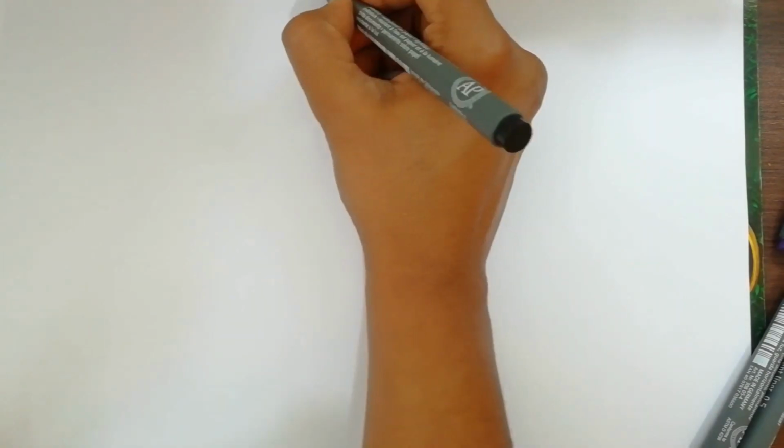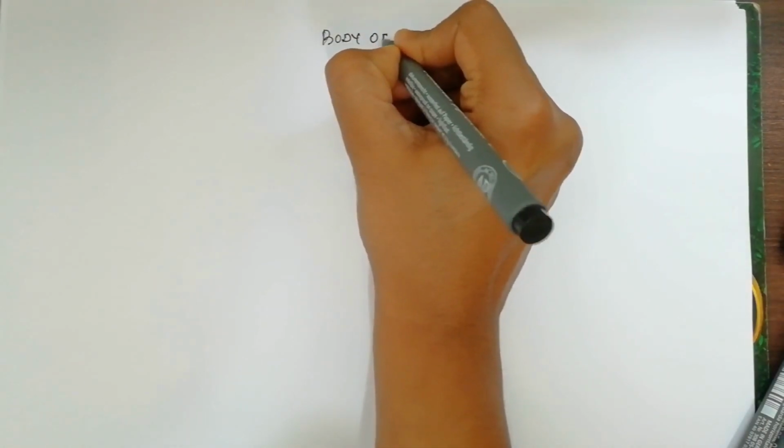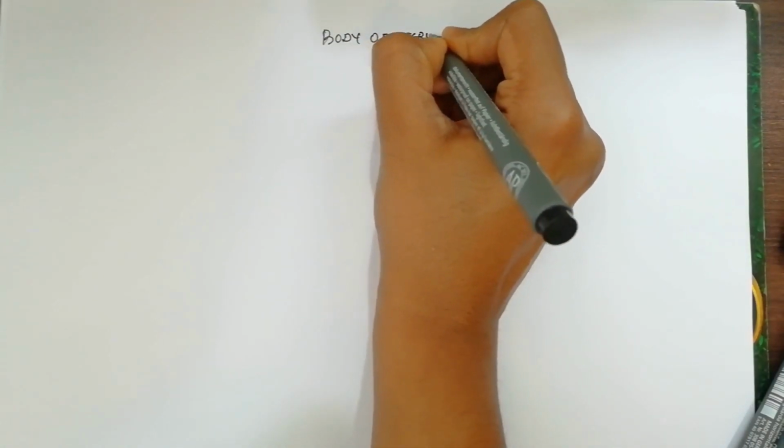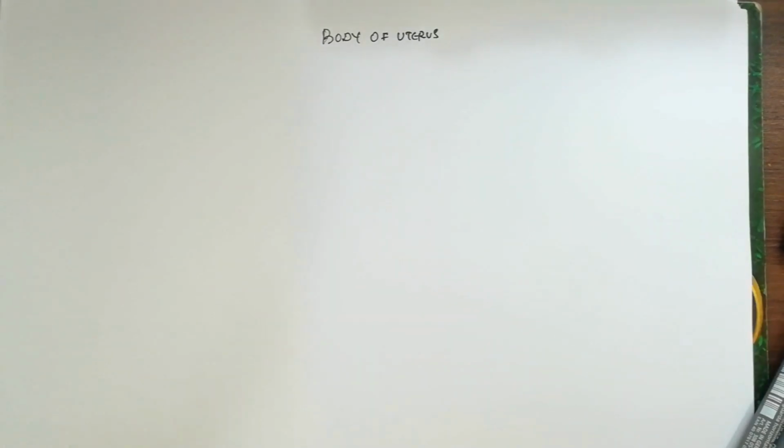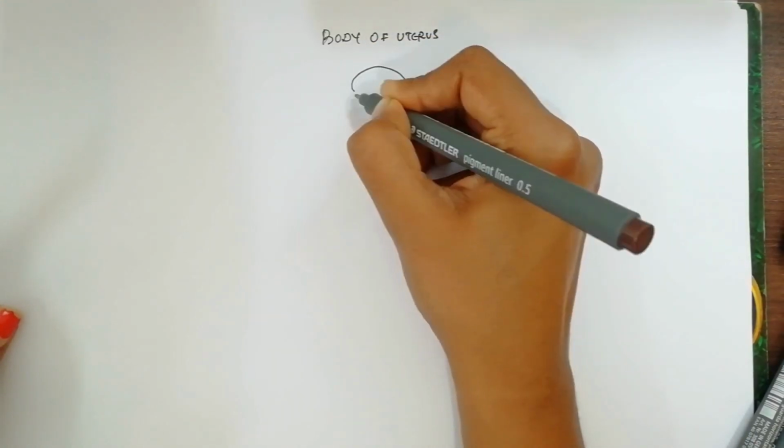So we are going to see the body of the uterus. The extent of the body of the uterus is from the fundus to the isthmus. As you know, we have dealt with the pear shape.